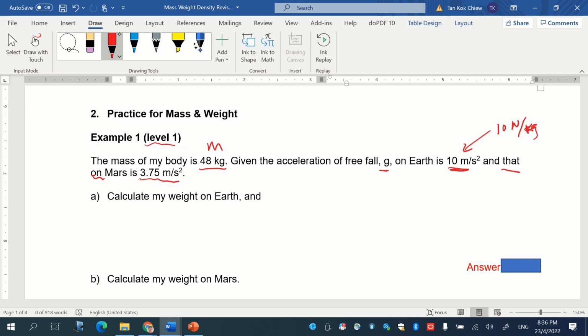Which g value do you use? There's only one mass you can use, right? So which g value should you use at the right place? This is level 1, the basic you must know for your WA2. I give you 30 seconds to try it yourself. Can use your calculator. Let's go.